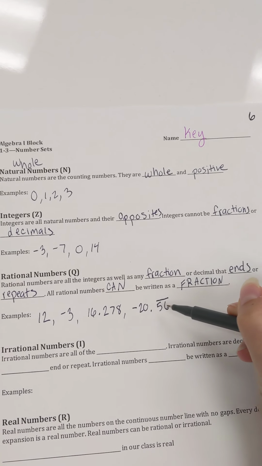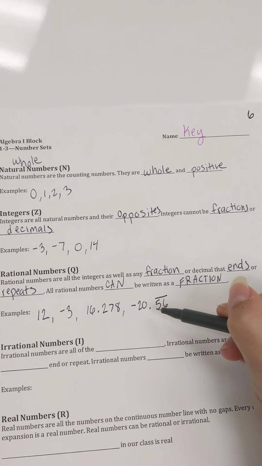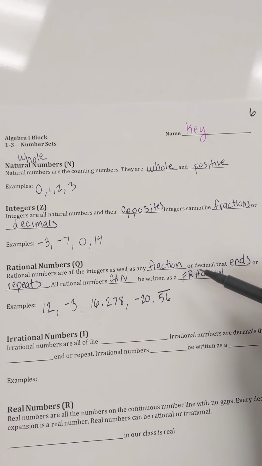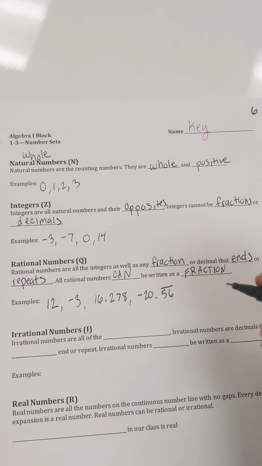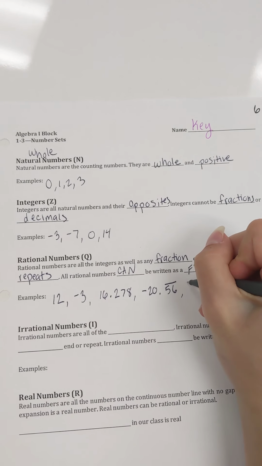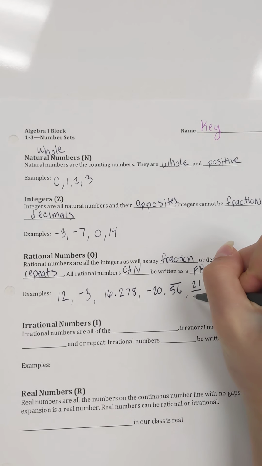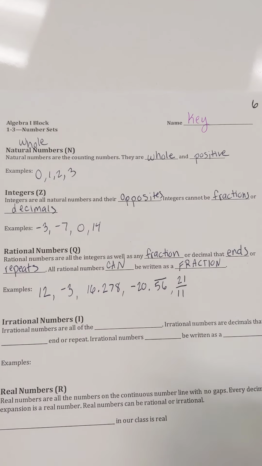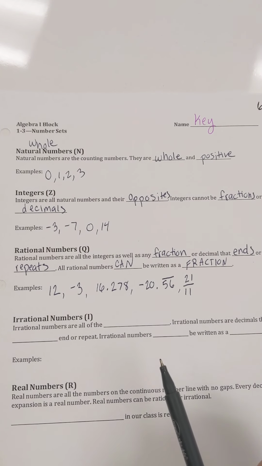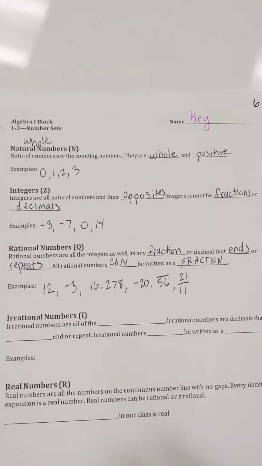Negative 20.5656565656. That is a decimal that repeats. That makes it rational. 21 over 11. That's a fraction, so it's rational. See if you can give yourself a couple more examples there.